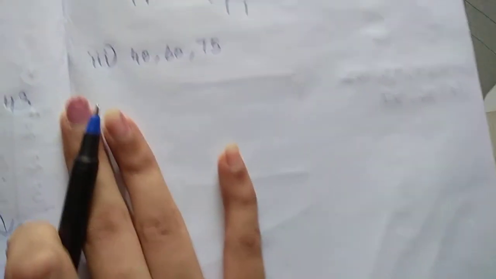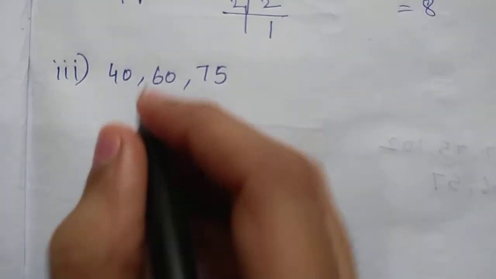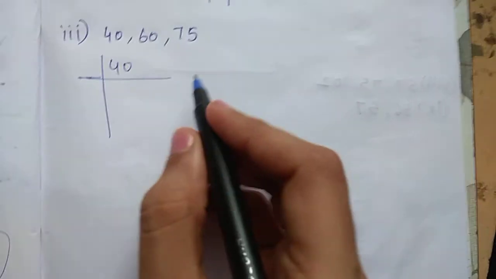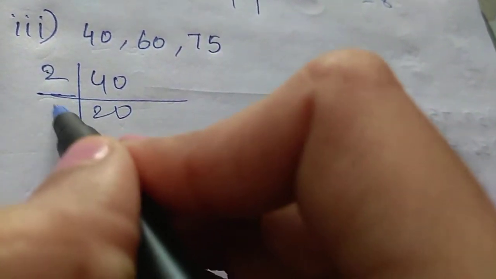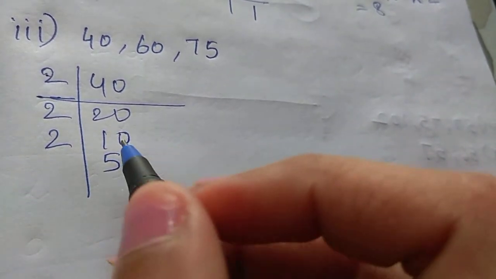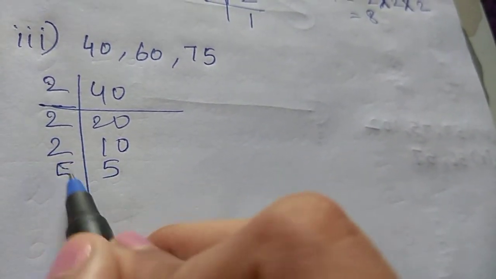Next, 40, 60 and 75. So 40: 2 20s are 40, again like the first sum, 2 10s are 20, 2 5s are 10, 5 1s are 5.